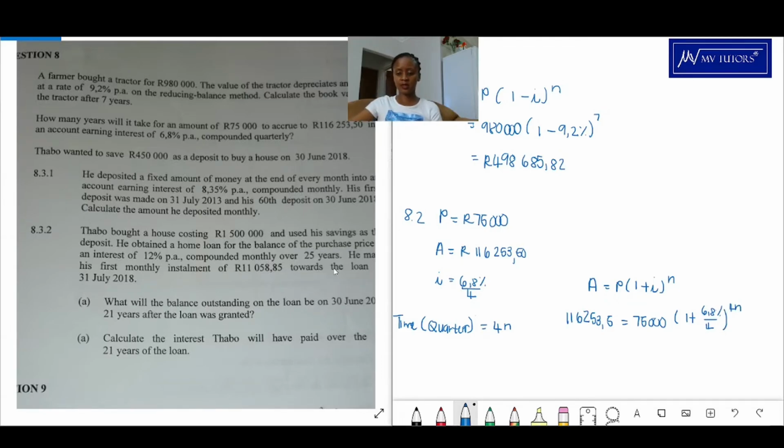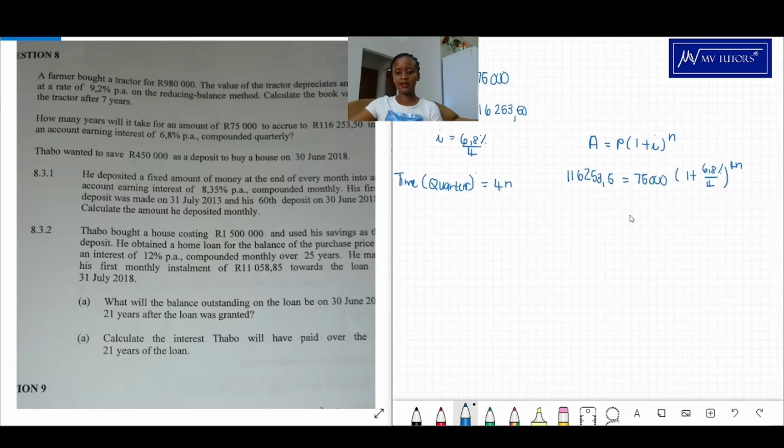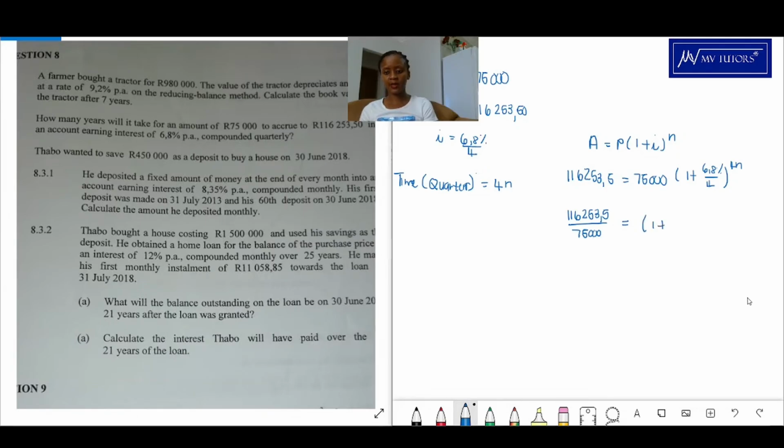Now we're just going to do some mathematics there. We have 116,253.5 divided by 75,000. And then we have, in brackets, 1 plus 6.8 over 4 to the power 4n.